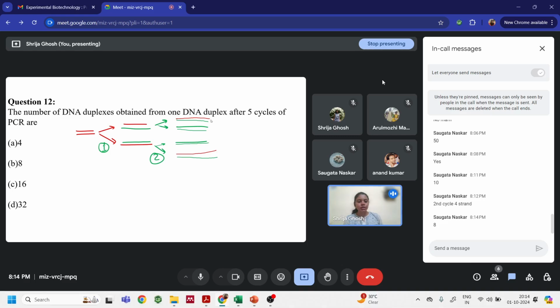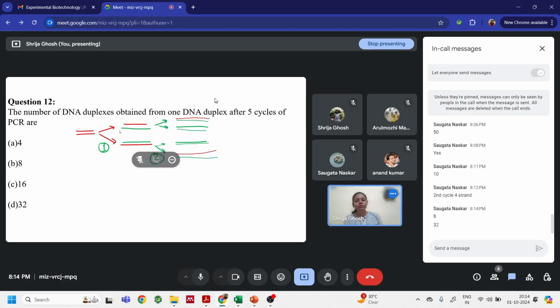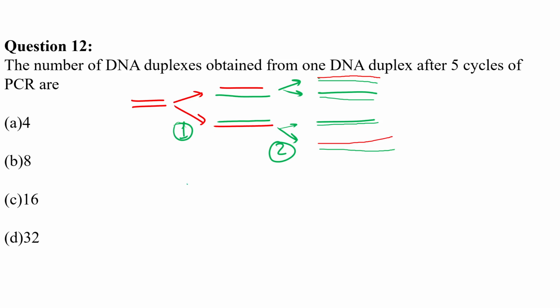Yes, we are going to get 8 strands. Very good. Now you understand how the progression is happening. So after 5 cycles, what would be the number of DNA duplexes? 32. Yes, option D, 32 is the right answer.